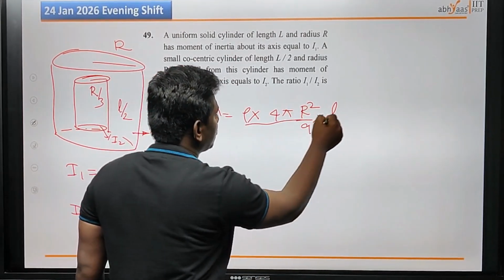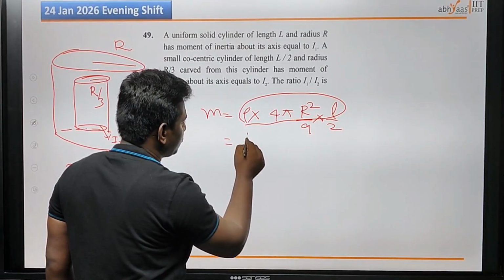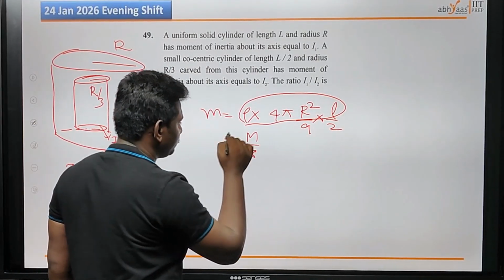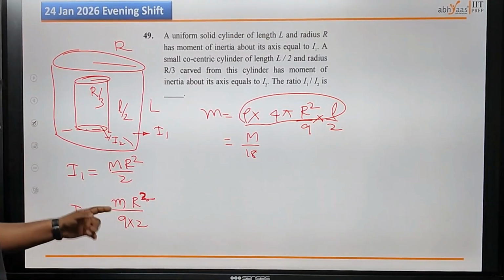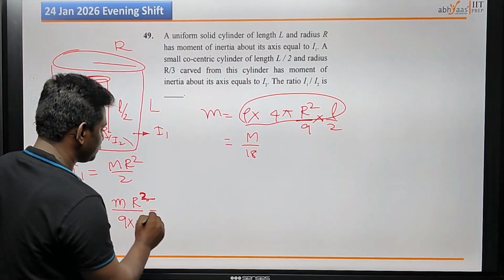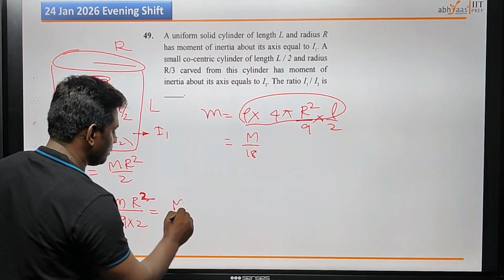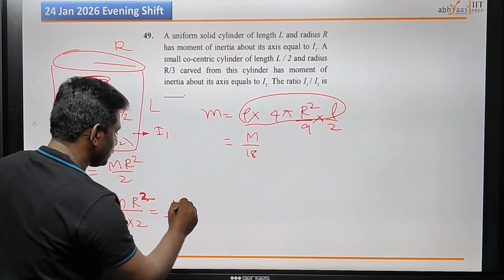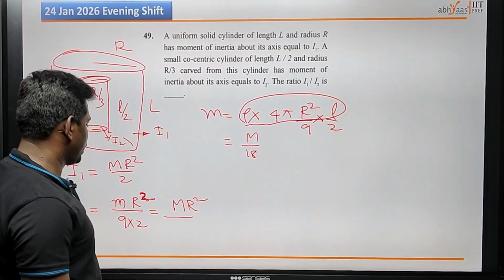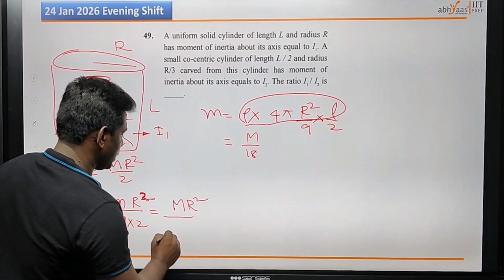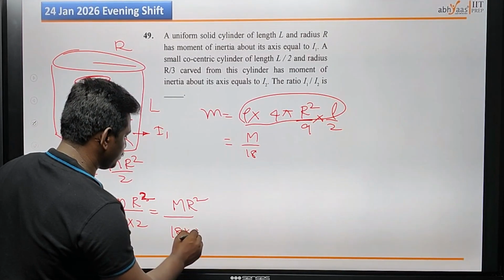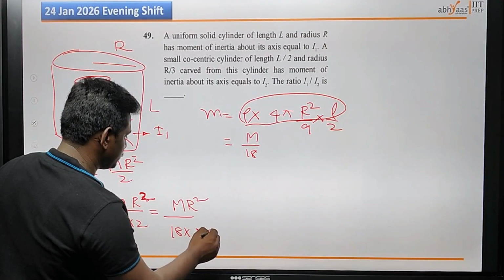So this is your capital M, so small m is capital M by 18. Substitute here: capital M r square by 18 into 2 into 9.